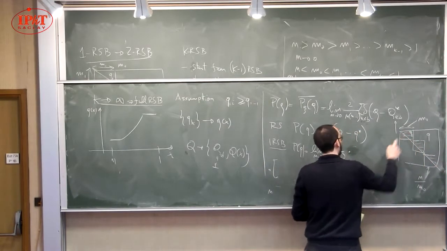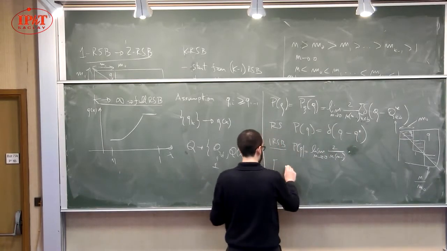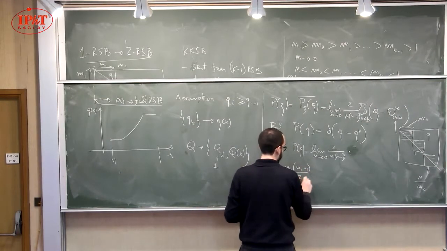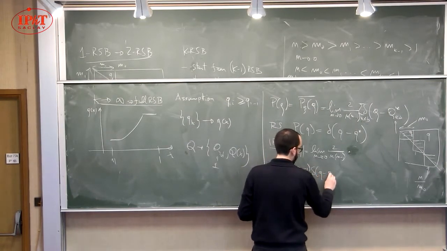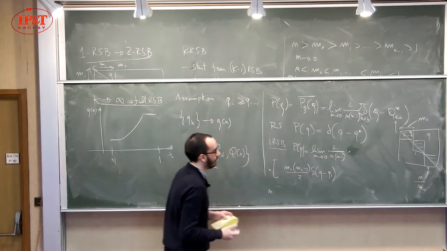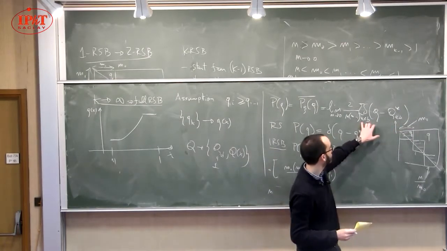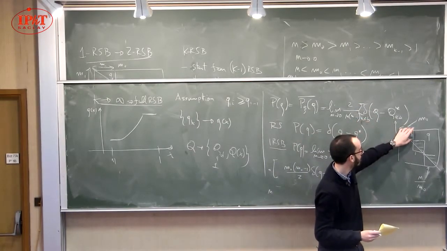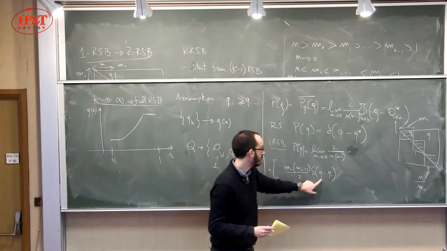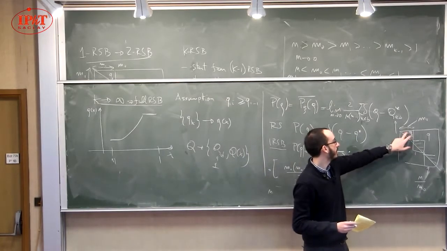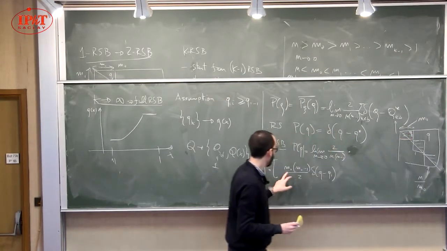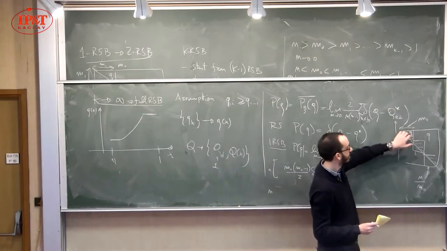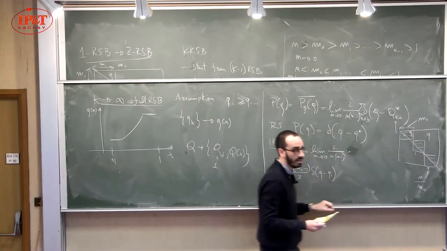So for each block, if this sum runs only on the indices of this block, I have m0 times m0 minus 1 divided by 2 elements, because all the elements here are equal to q1. It's just the upper part, right?